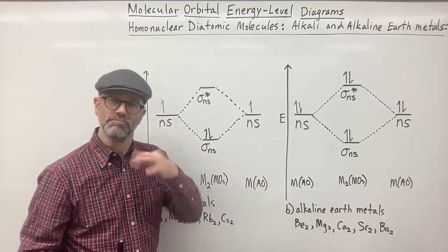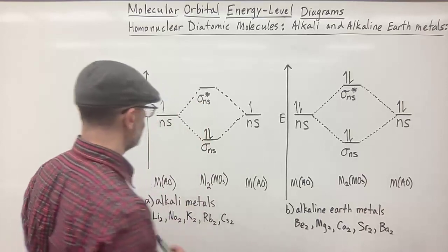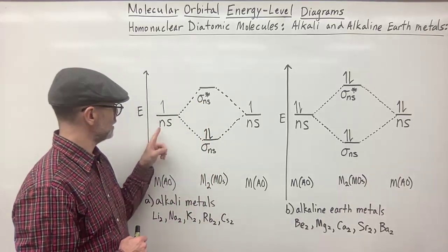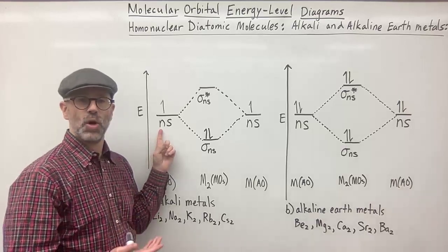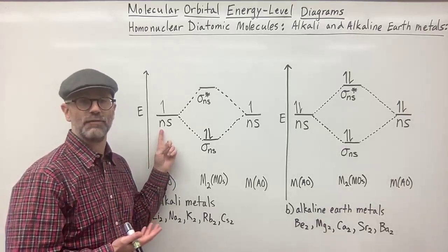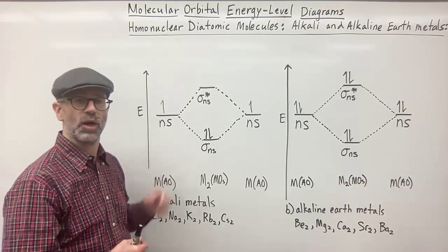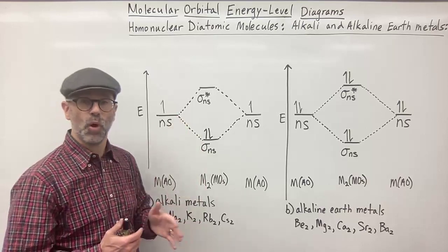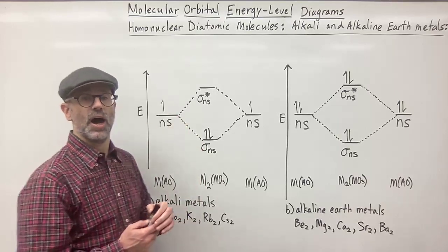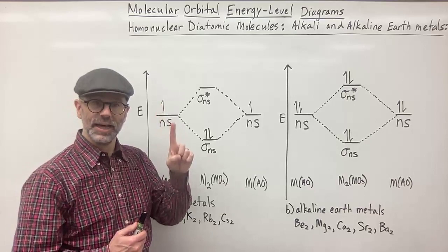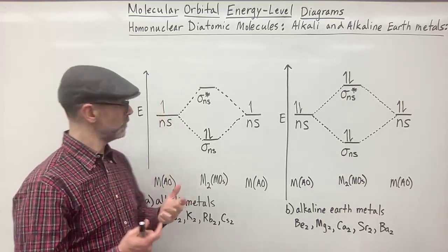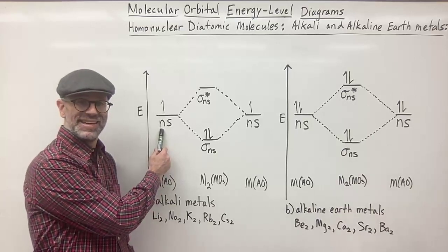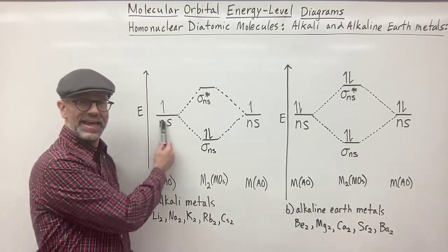So that's why we have here the ns. n refers to the first quantum number, the principal energy level, 1, 2, 3, 4. Since the alkali metals are group 1 elements, they're only going to have one electron in their s orbital, right? Depending on what period the element is in, that'll determine what n is.